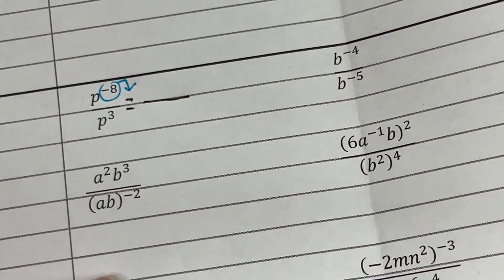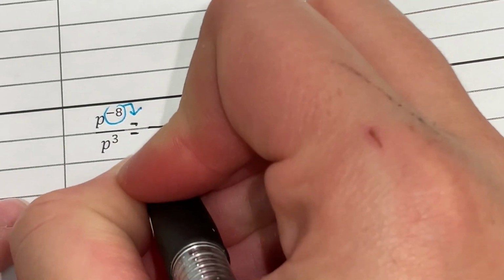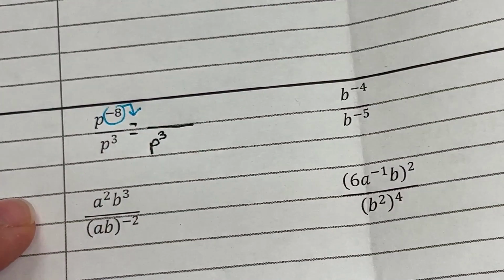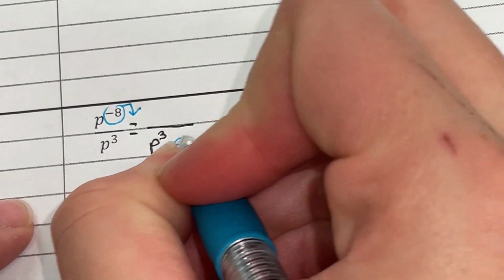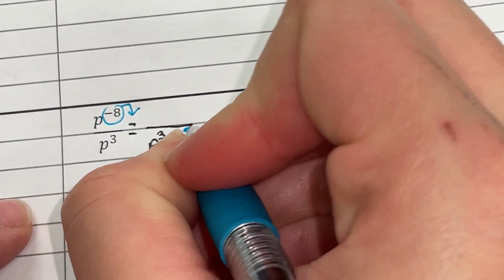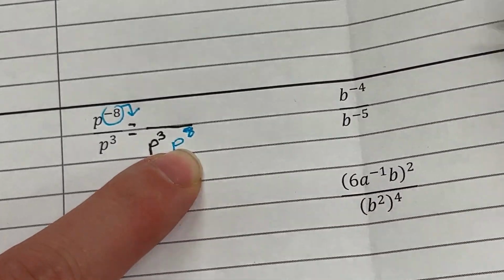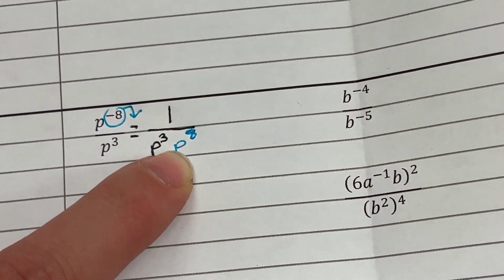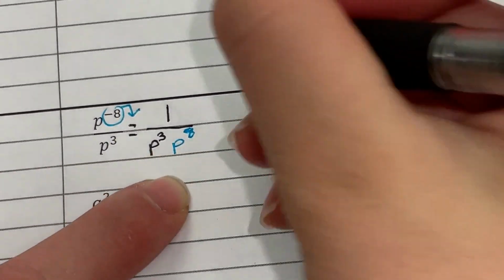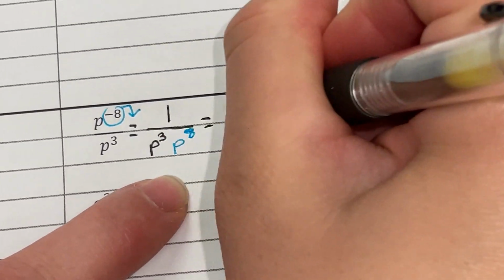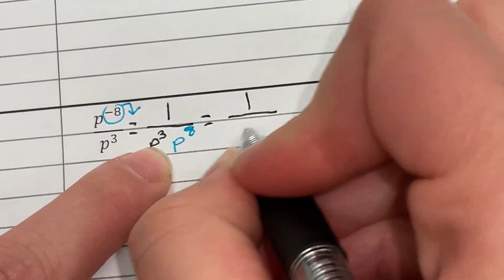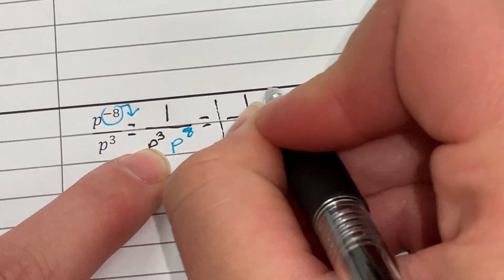So what that means is p to the 3rd stays where it's at, but this whole base and p to the 8th moves to the bottom and becomes positive. And we can't just leave the top blank. You got to put a 1 up there. And then I can simplify this further. We have 11 p's down here, so we have 1 over p to the 11th.